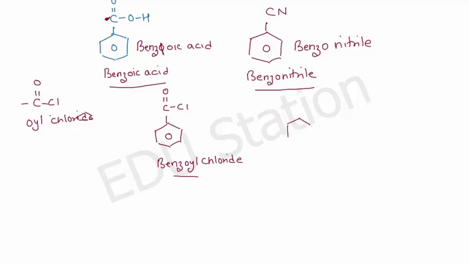Other acid derivative is amide. So amide is C double bond O NH2. For amide, we write amide. Since this carbon has no hydrogen directly, it will be benzo. The o will get cancelled. It is benzamide. So when you have ring CONH2, it is called benzamide.